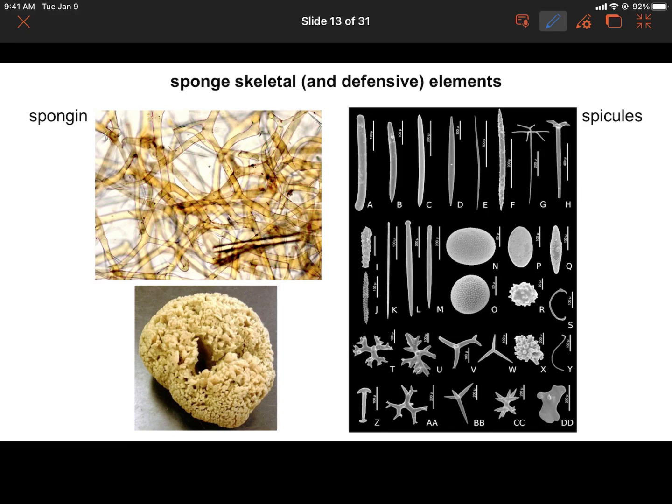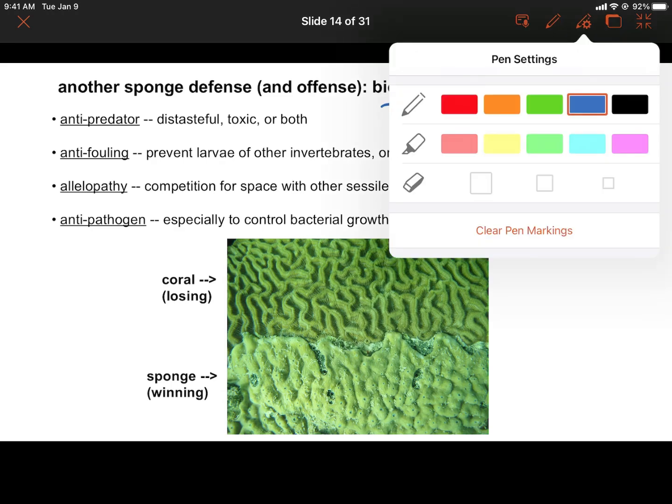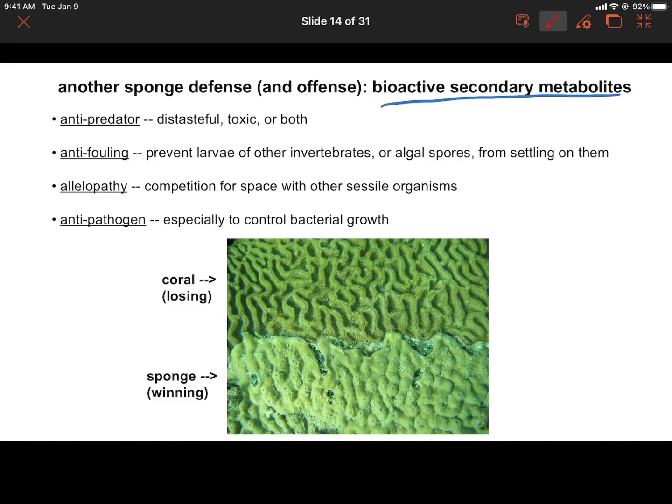But they also have other defenses in addition to these obvious ones, and mostly what I want to talk about are chemicals, because sponges make a ton of bioactive secondary metabolites. These are just metabolites that are not involved in their own metabolism. They're a product of their own metabolism that they then store in their bodies.